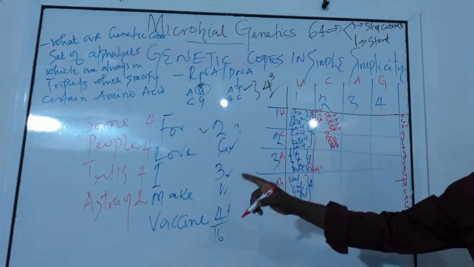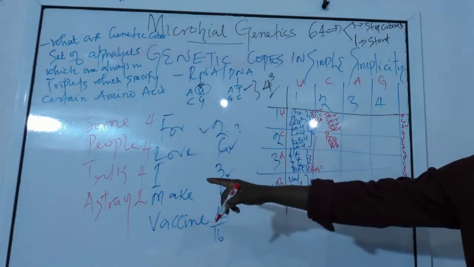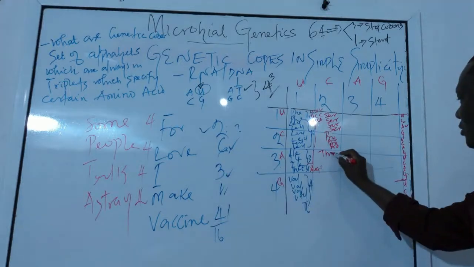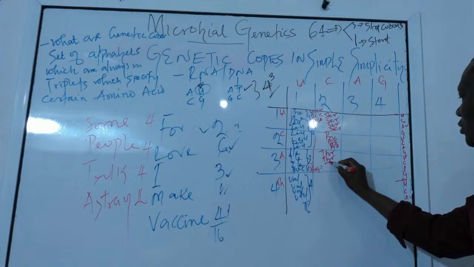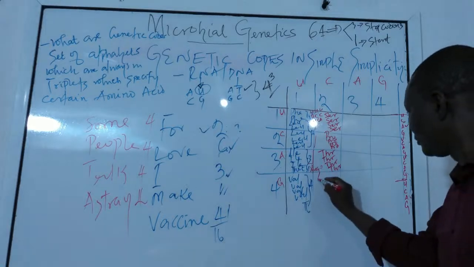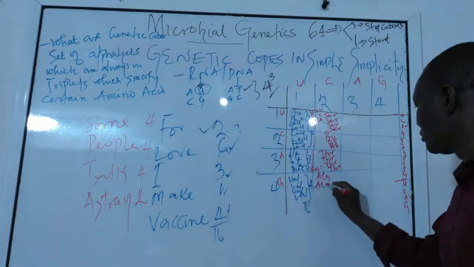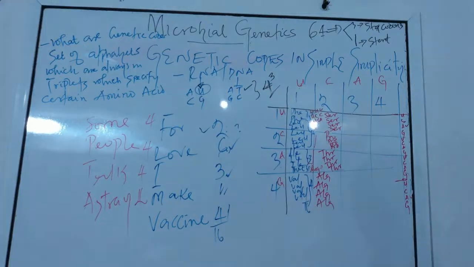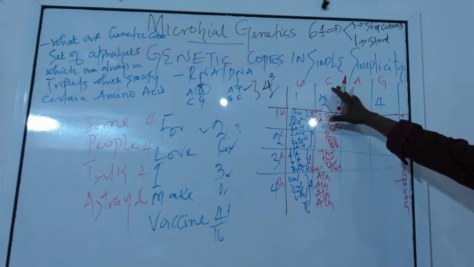So followed by talk, and that talk is going to be threonine, that's going to be ALA, alanine. So that means you are done with the second column.